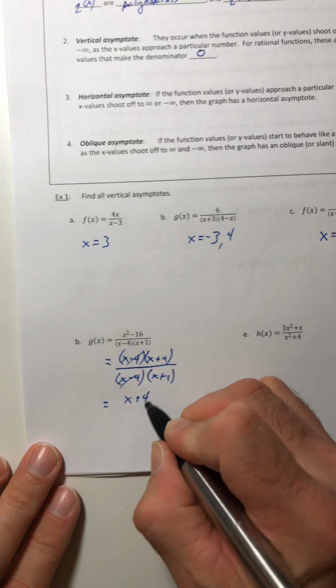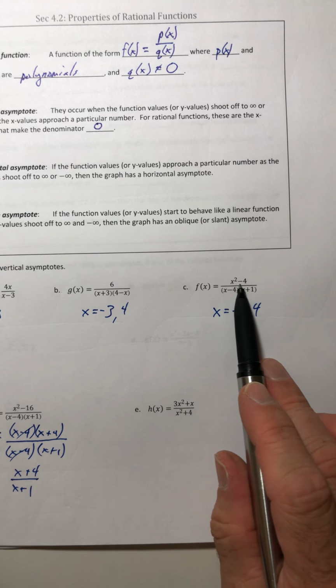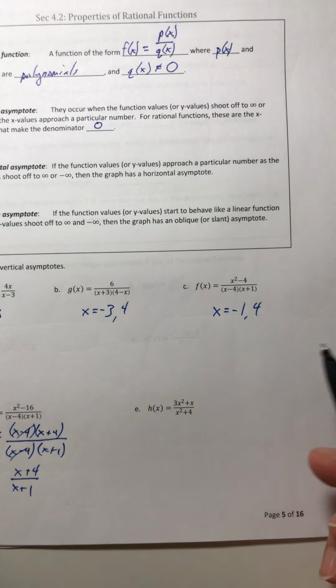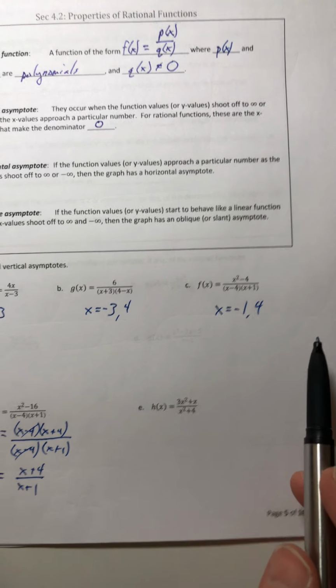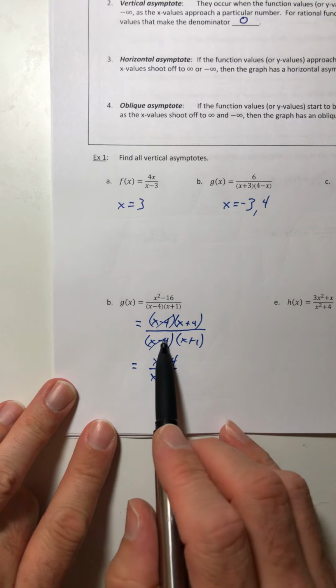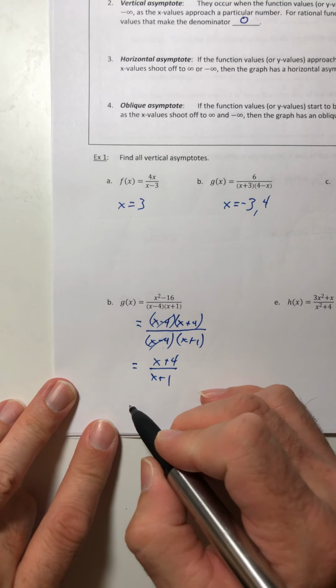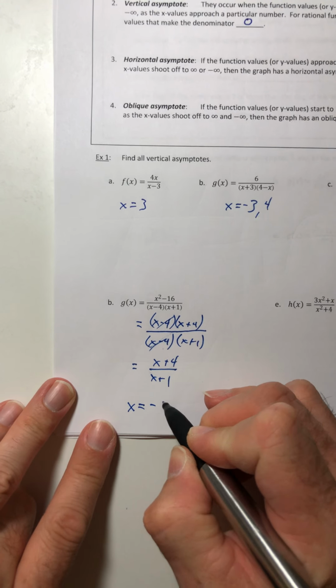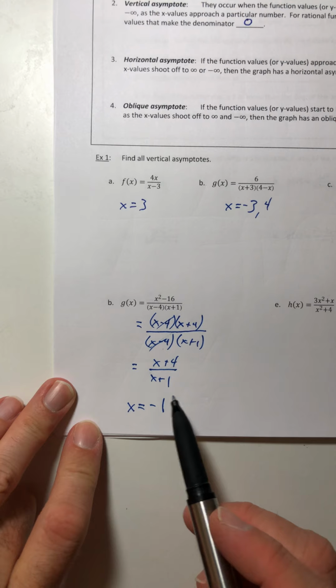And you're left with x plus 4 over x plus 1. Part C, you could have factored the numerator as well, but nothing would have canceled. So it's not going to affect your vertical asymptotes. But in this case, it does. You had something that canceled out. So the 4 is no longer a vertical asymptote. But the negative 1, since it's still in there, still makes the denominator 0. That's still an asymptote.